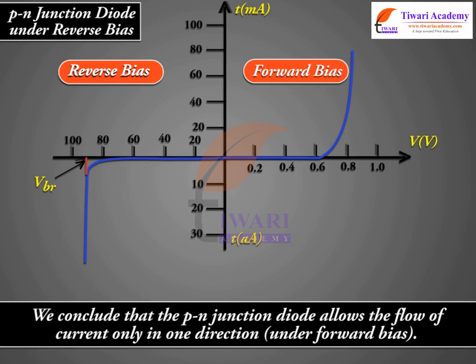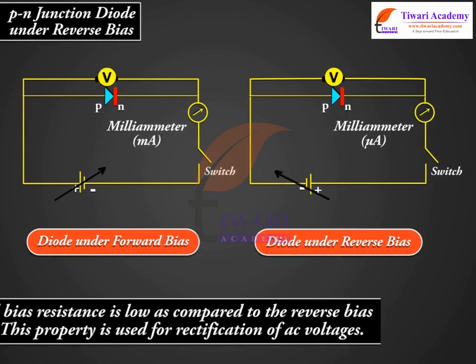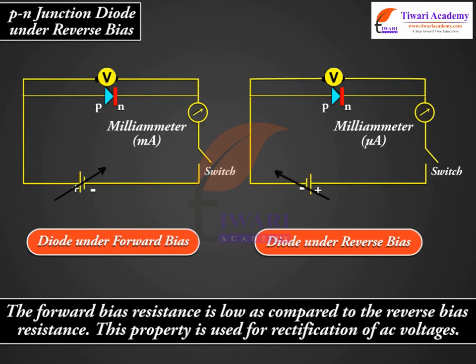We conclude that the p-n junction diode allows the flow of current only in one direction under forward bias. The forward bias resistance is low as compared to the reverse bias resistance. This property is used for rectification of AC voltages.